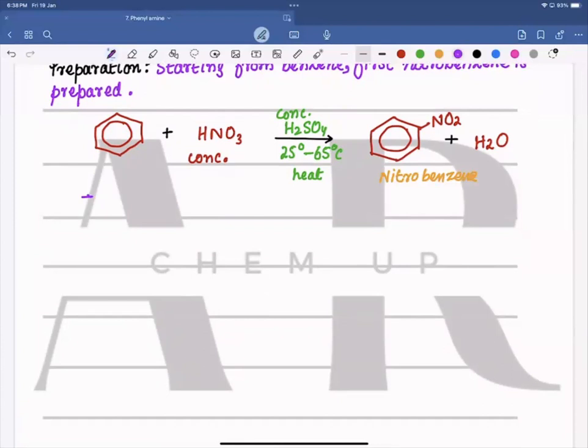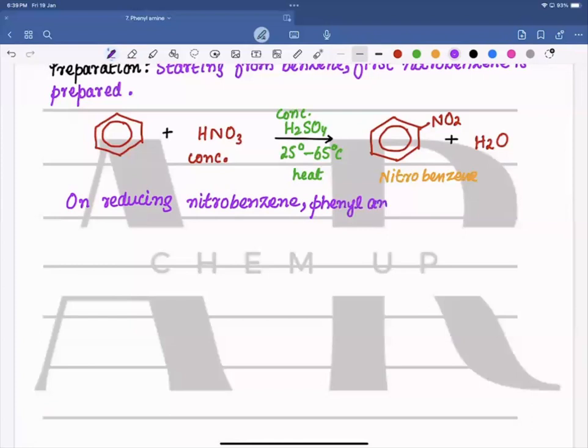So on reduction of nitrobenzene, phenylamine is formed.